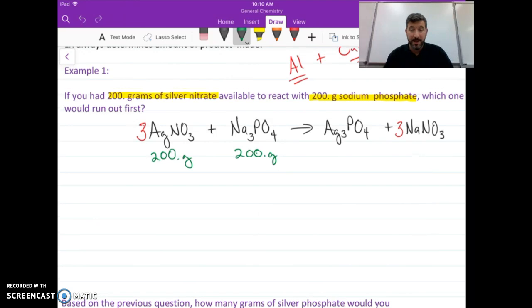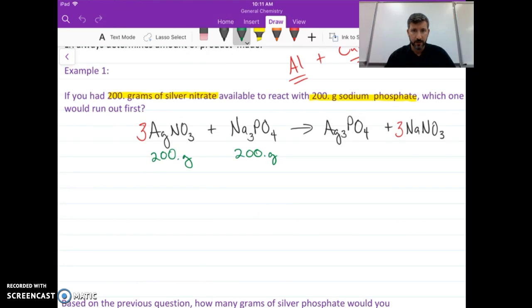You don't always have the same mass of both reactants. In this case you do, but one of them is going to run out. It doesn't matter that we have the same amount. That doesn't mean that they're both going to run out at the same time. We have to use the balanced equation, we have to use the periodic table, and we have to figure out which one runs out first, and therefore which one is going to predict the amount of product.